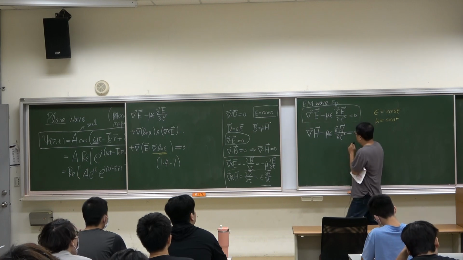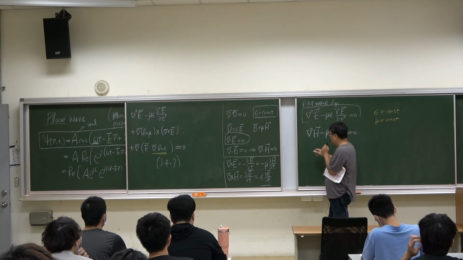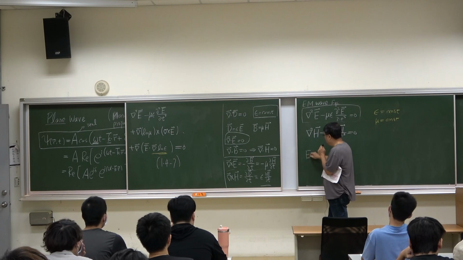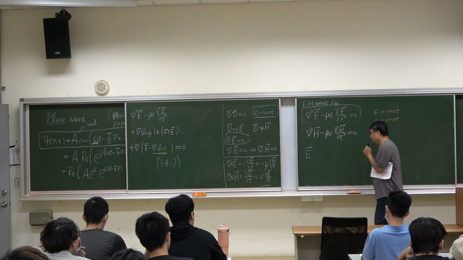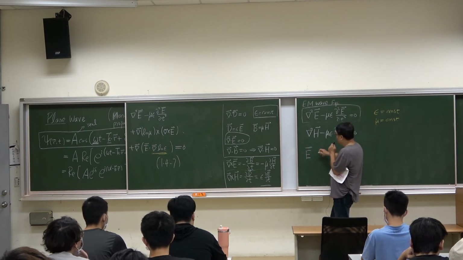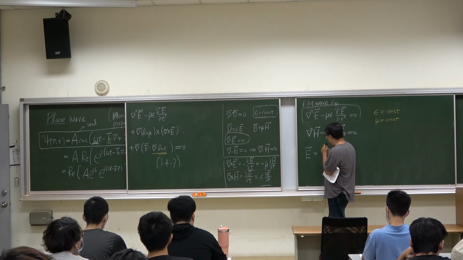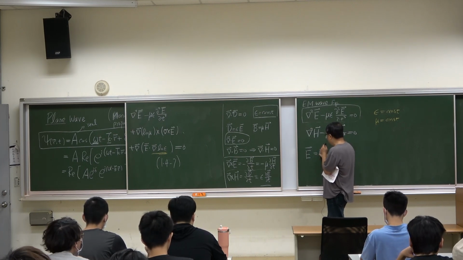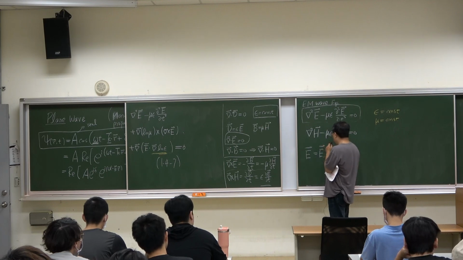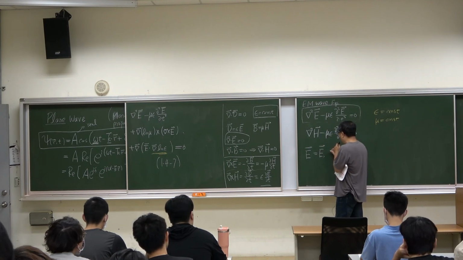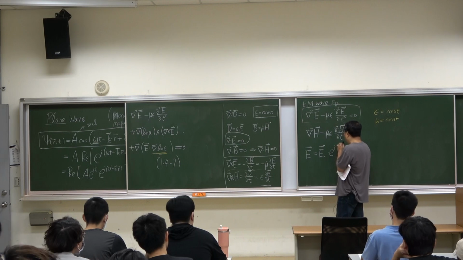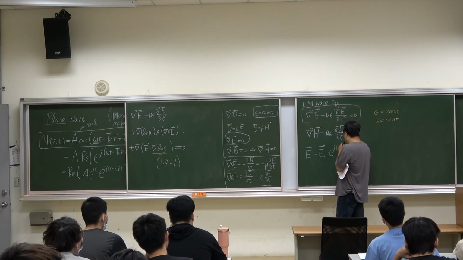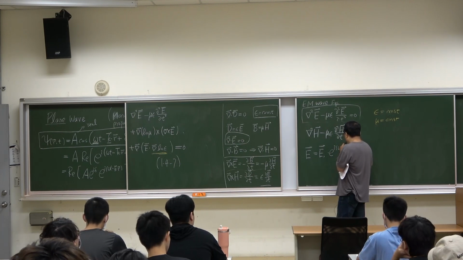Now, if we try the complex representation of the E field, you can write E as E0 times exponential i(omega t minus k dot r).